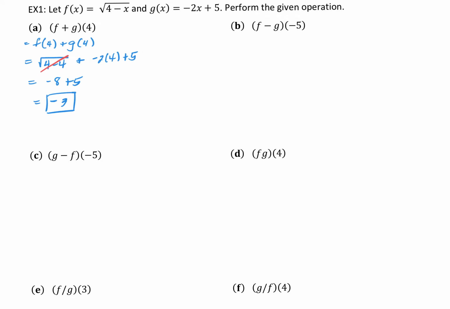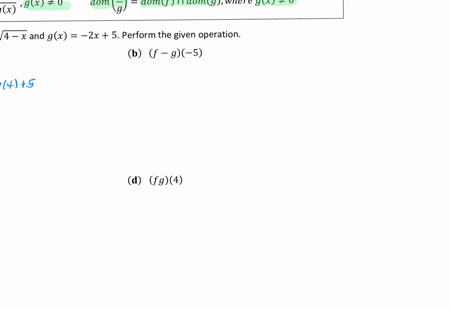Let's try another one. Let's go to B. This is subtraction, so the order that you subtract does matter. This would be f of negative 5 minus g of negative 5. And now f of negative 5 is just going to be the square root of 4 minus a negative 5, which will turn into a plus 5, minus negative 2, and be careful because we're subtracting, I'm going to put a parenthesis.